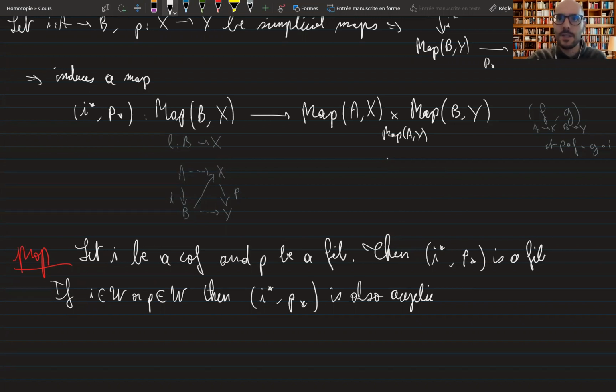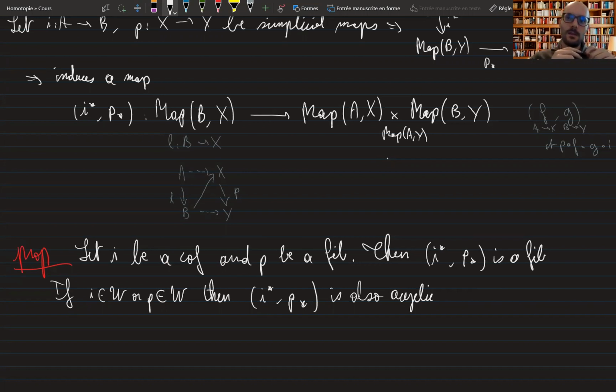Not only does it exist, but it's unique up to homotopy. And even more than that, the homotopies that are compatible with the commutative diagram are unique, and so on. So there is a way to interpret it like this. I will not do it. I just will need this technical statement.